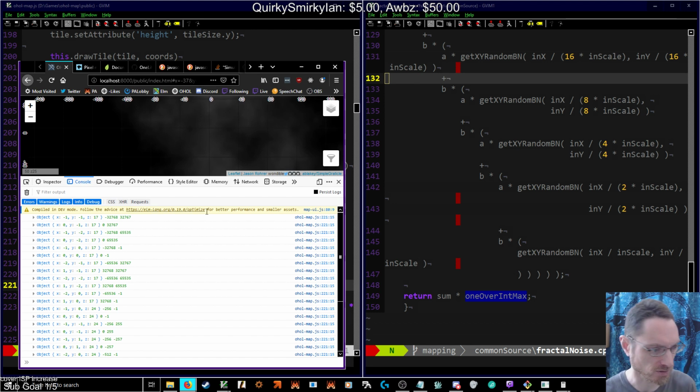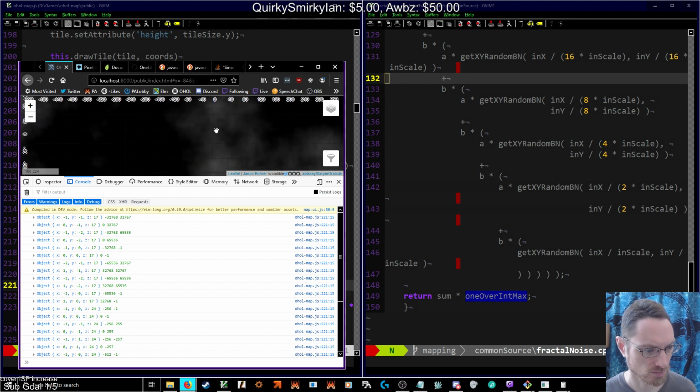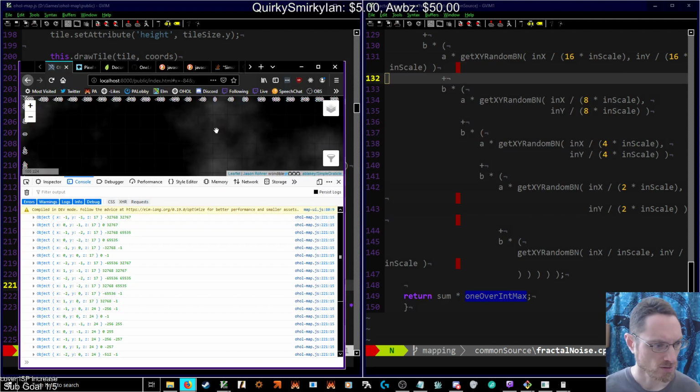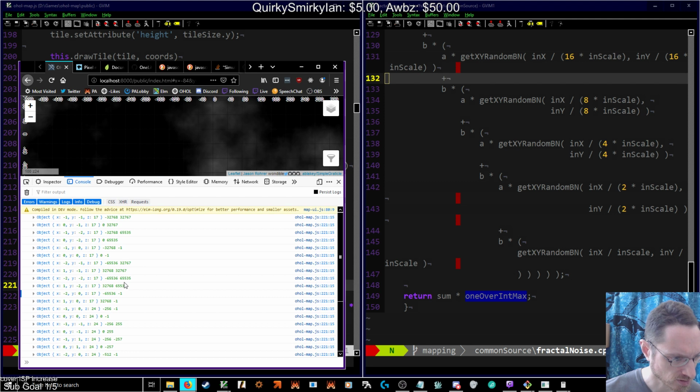Oh, we must have started at level 17 and then zoomed in. Okay. So for actual coordinate 0, 0, well, no, it's actually going to be offset.